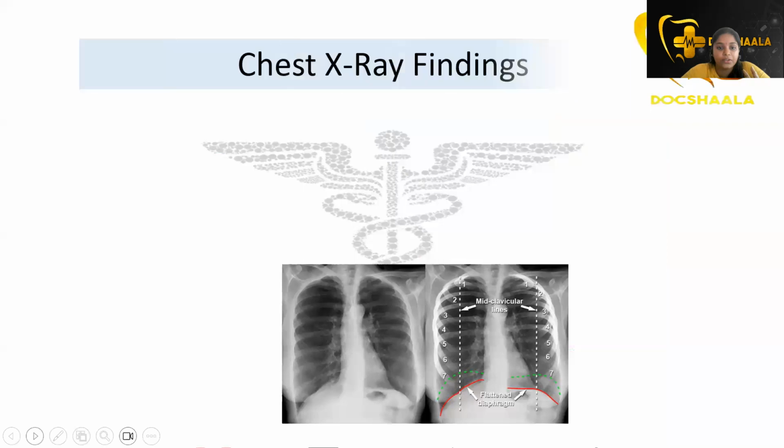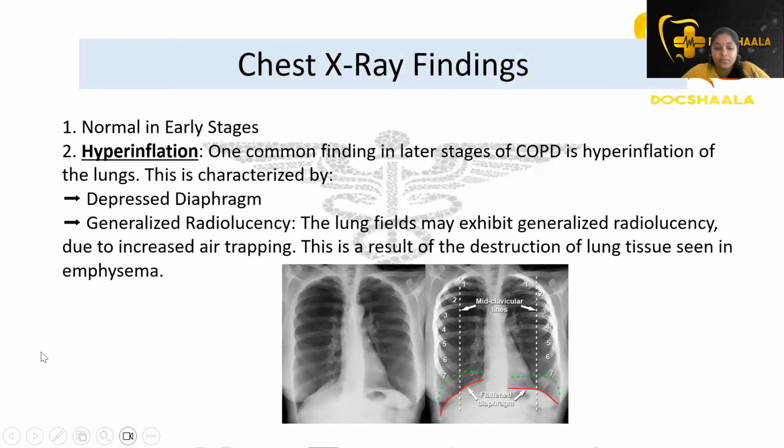Then coming to the chest x-ray findings, as we know, it is normal in early stages of COPD, but as the stages advance, we can see hyperinflation. So one common finding of later stages of COPD is hyperinflation of lungs. So the diaphragm is depressed, as you can see in this image. There is a flattened diaphragm. Okay, then there is generalized radiolucency.